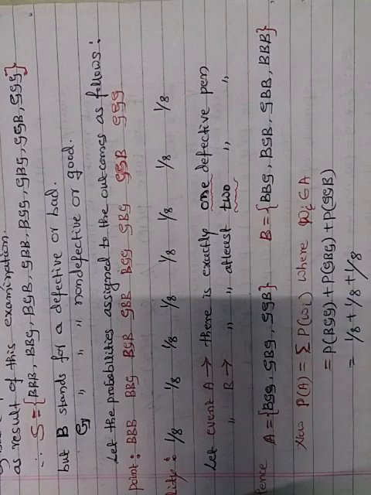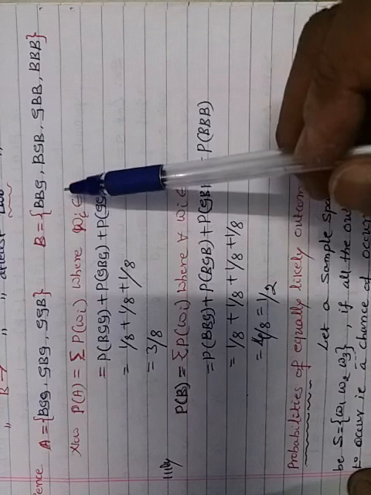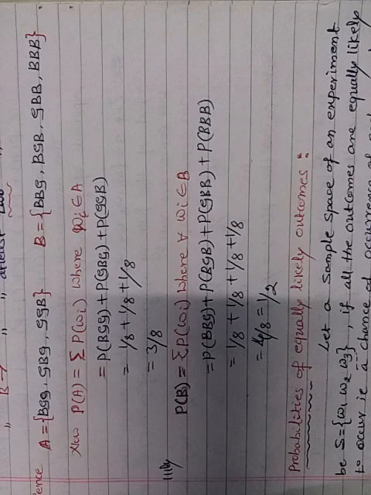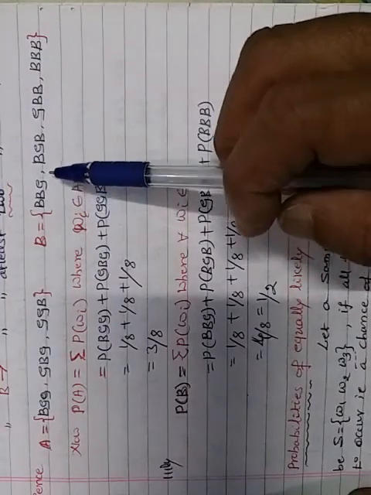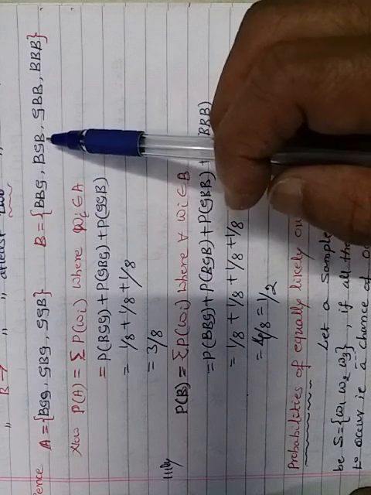Okay. The set B assigns at least two defective pens: BBG, second outcome BGB, GBB and BBB.